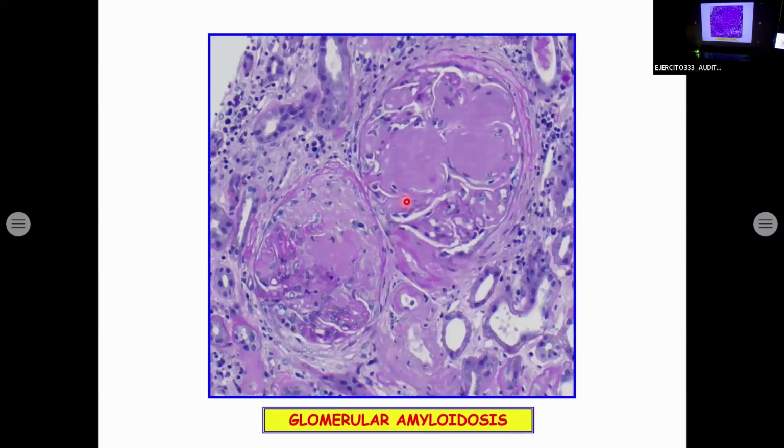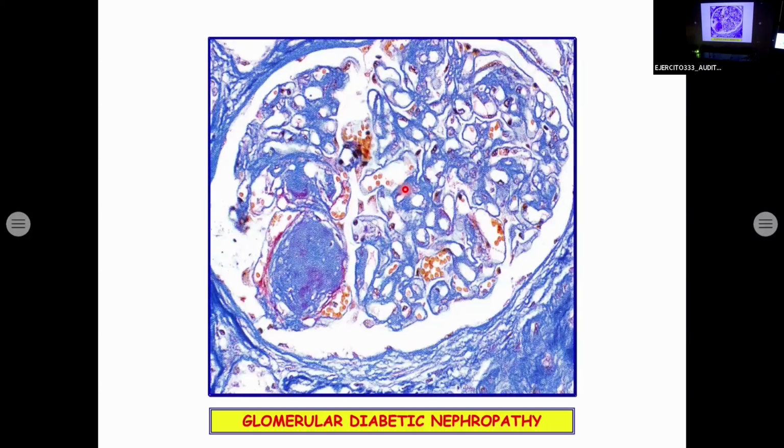You see here, the normal tissue is very limited here, and here we have deposition of amyloidosis. And then we may have the glomerular diabetic nephropathy. This is a typical nodular lesion, again with sclerosis, replacing the normal glomerular structure.